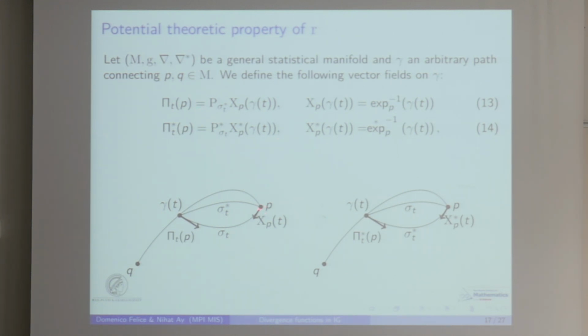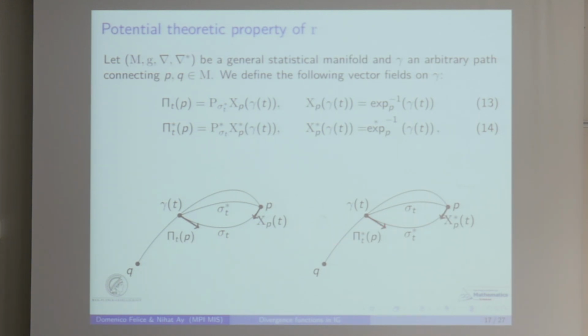You consider the nabla geodesic from P to gamma of t. You take the velocity of this nabla geodesic at P and you move it via a nabla parallel transport along the nabla star geodesic connecting P to gamma of t. The same happens for pi star.